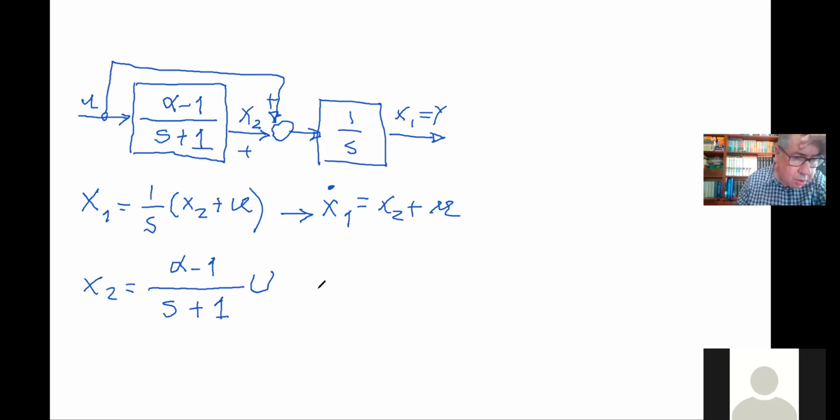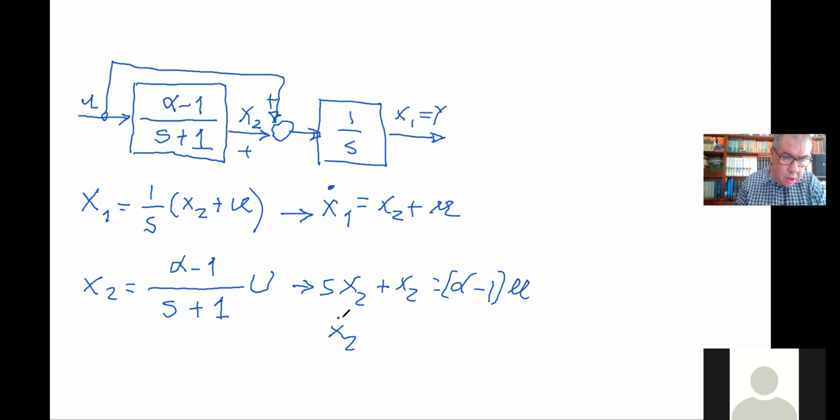So this is s x2 plus x2 equals alpha minus 1 times u. So you end up with x2 dot equals minus x2 plus alpha minus 1 times u.